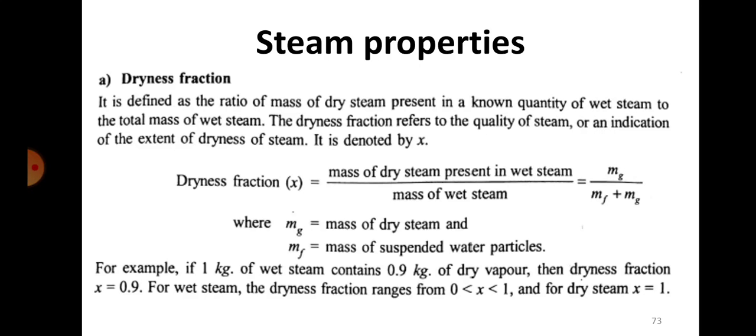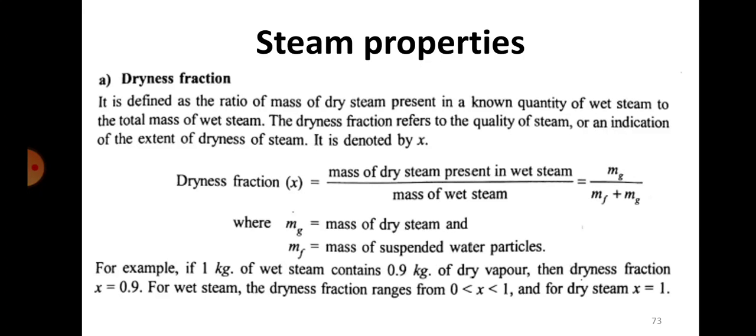So the maximum value of dryness fraction can be 1. It cannot exceed 1. So it will be in between 0 and 1, depending upon how much percentage of dryness it has. It can be 0.1, 0.2, 0.3, 0.4, any value, 0.9, but it cannot cross 1.